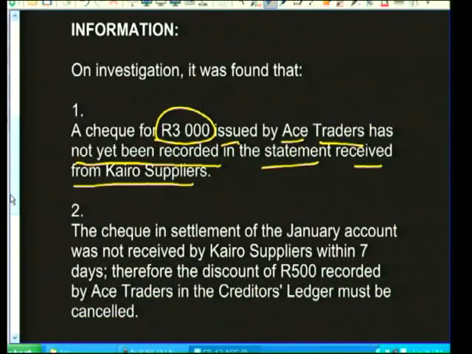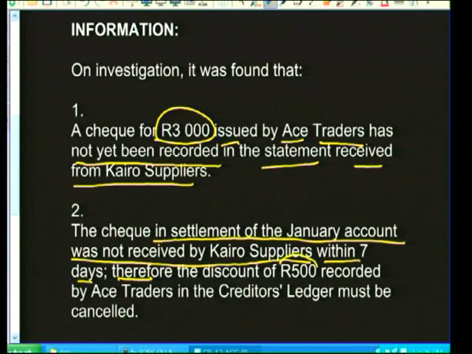The check in settlement of the January account was not received by Cairo Suppliers within 7 days. Therefore, the discount of 500 Rand recorded by Ace Traders in the creditors ledger must be cancelled. What happened?